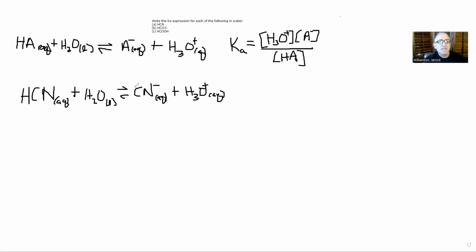And you see that this CN minus is equivalent to this A minus, right? That's the generalized form.